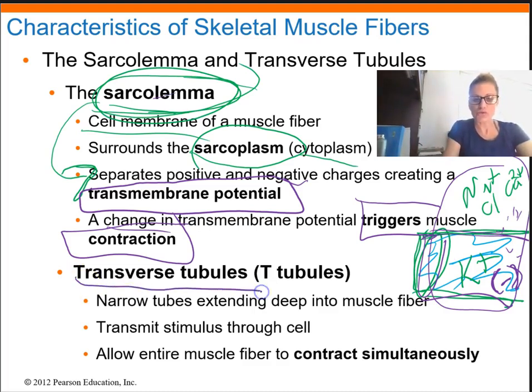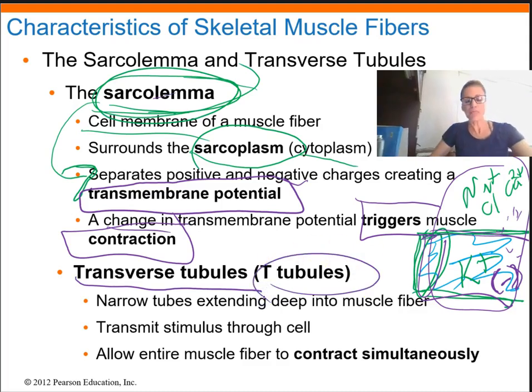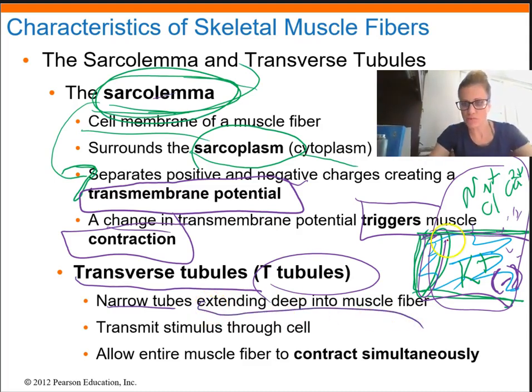Transverse tubules, or T-tubules, are narrow tubes that start at the sarcolemma and then they extend throughout the entire muscle fiber. So they're like these little tubes. They start at the sarcolemma, at the cell membrane, and they just go all through the muscle fiber.